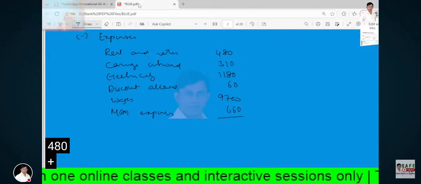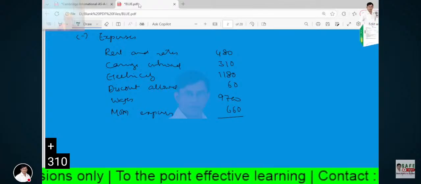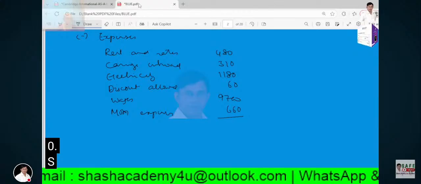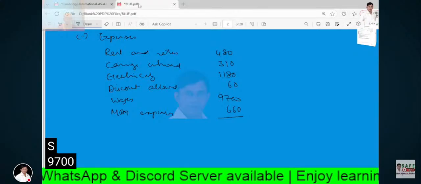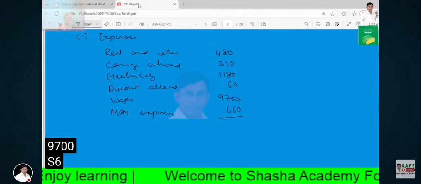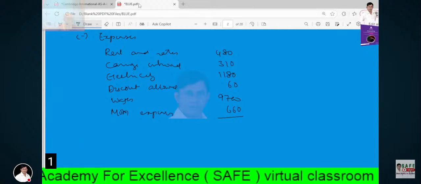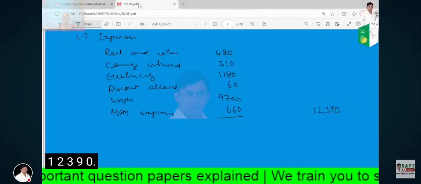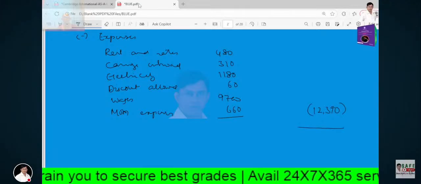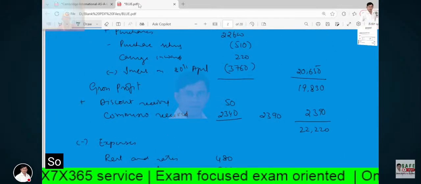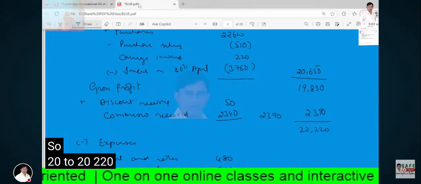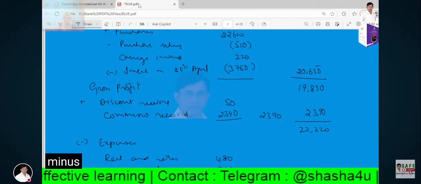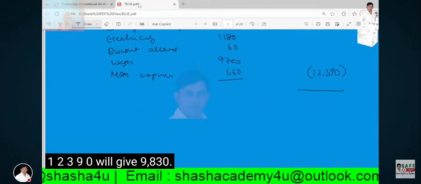480 plus 810 plus and so on. Then 12390 minus expenses will be 9830.